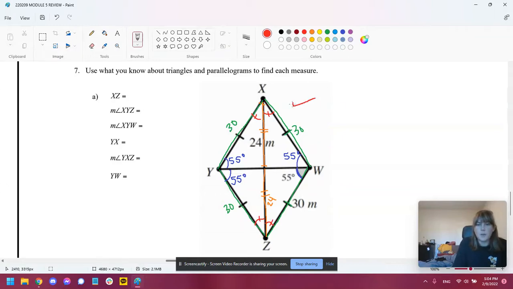And we can figure out what they are because we know that these are right angles because it's a rhombus. So this one up top is going to be 180 minus 90 minus 55, which is 35. So all of these are 35 degrees. And the only thing we're missing is this line and this line.